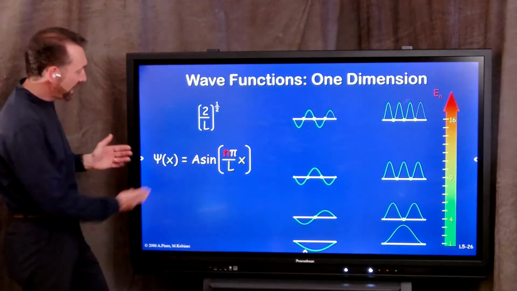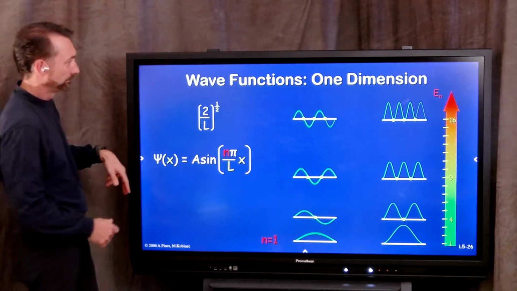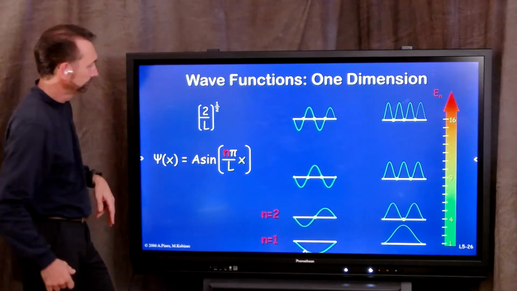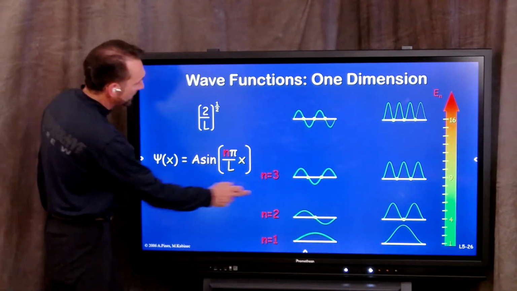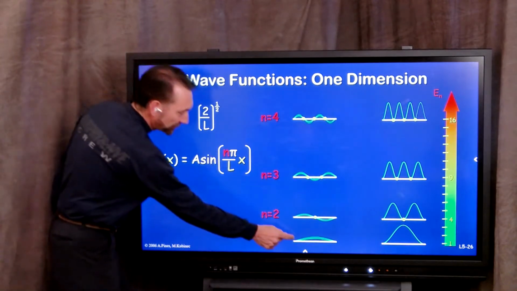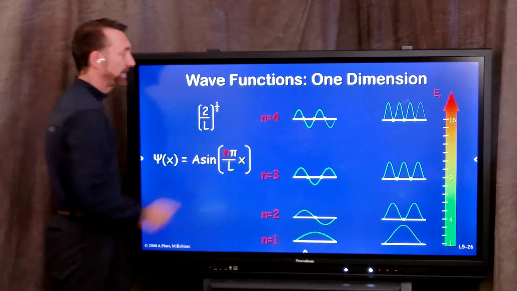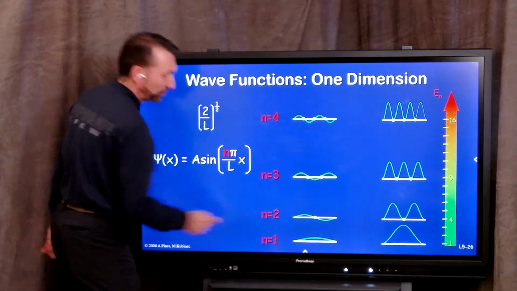So we're now going to say, okay, that's a wave function. I've written the amplitude down. And I'm writing now the various values of n that describe these standing waves. So I let n be 1, and I get a single half wave.